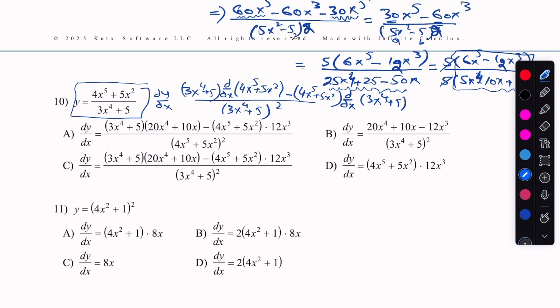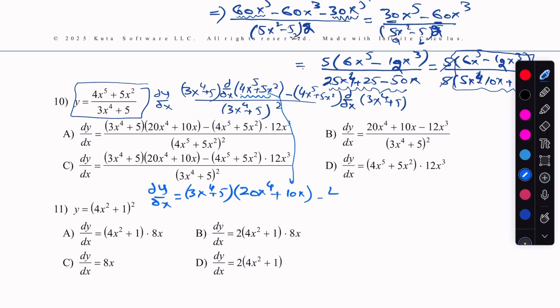Okay, so we're going to solve it over here, dy by dx. So what is the derivative of this function? So using the power rule, 5 multiplied by 4, then 20, and 5 minus 1, which is 4. So it will be 3x power 4 plus 5, and it will be 20x^4, then 10x. This is a derivative.